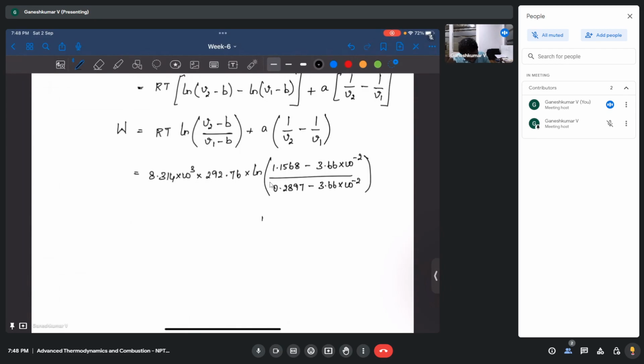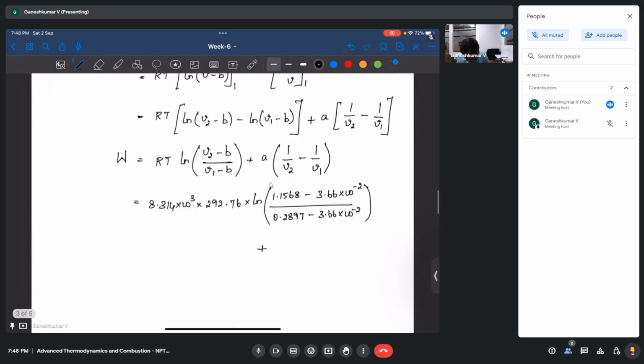Alright, a, which is going to be the big number, it's 136825 into 1 divided by V2. V2 is nothing but 1.158 minus 1 divided by V1, 0.2897.